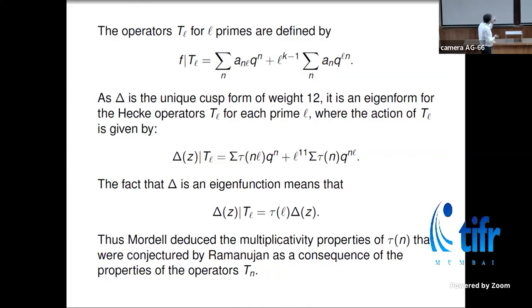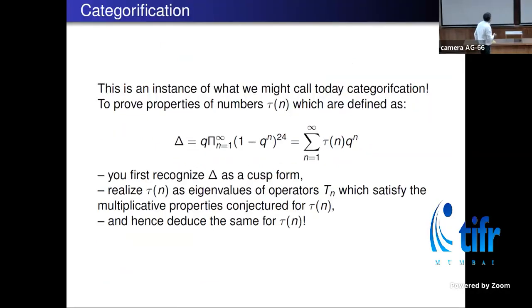So T sub L delta z is equal to tau L delta z, and so T sub n satisfy the properties Ramanujan conjectured for tau of n, and so Mordell deduced the first two conjectures of Ramanujan because the corresponding operators had that property. Right, so if the operators have that property, then the eigenvalues will be forced to have the property. So that's how Mordell proved these first two conjectures of Ramanujan within a year or so. So I guess this is some kind of, we use some anachronistic term.